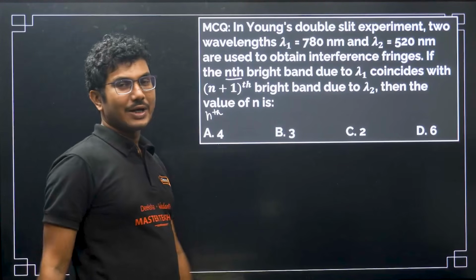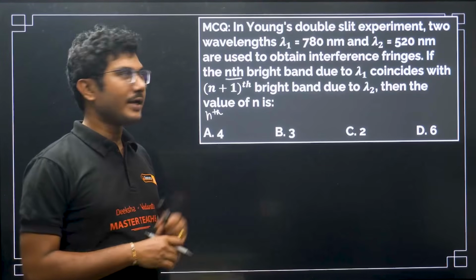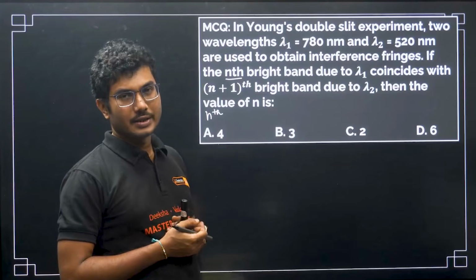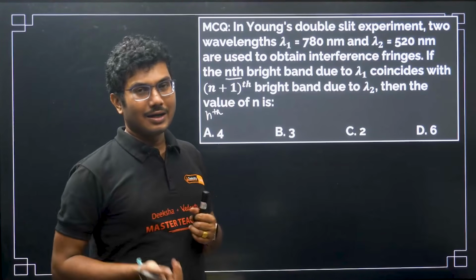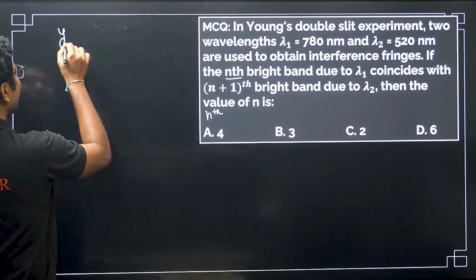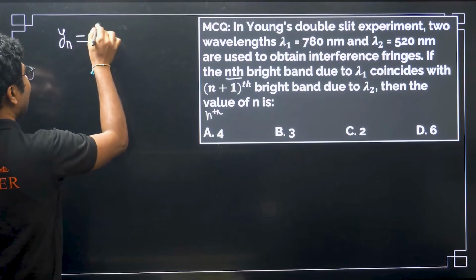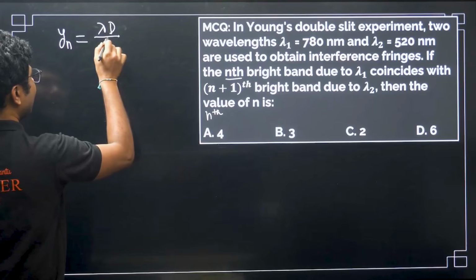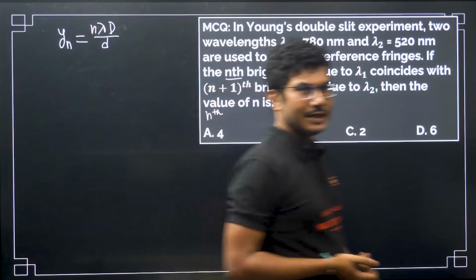So, basically what they are saying is, two lights we are using, and at some point the interference maxima coincide, they fall at the same point. So, what is the value of n? We know that the position for the nth bright band is n lambda D by d.